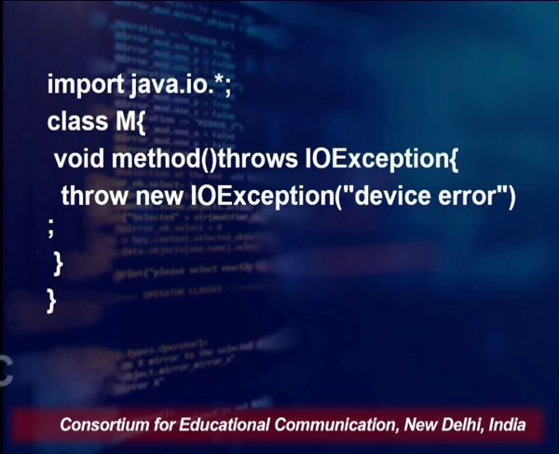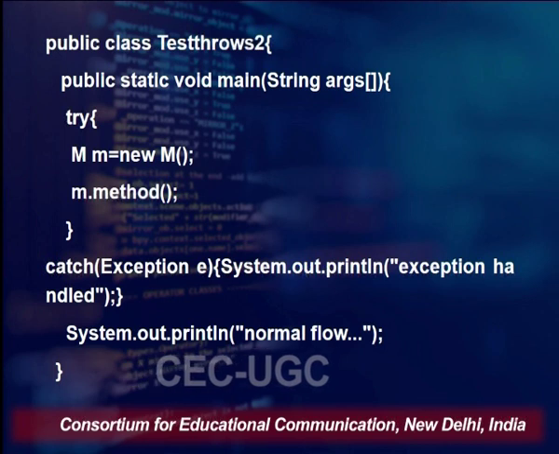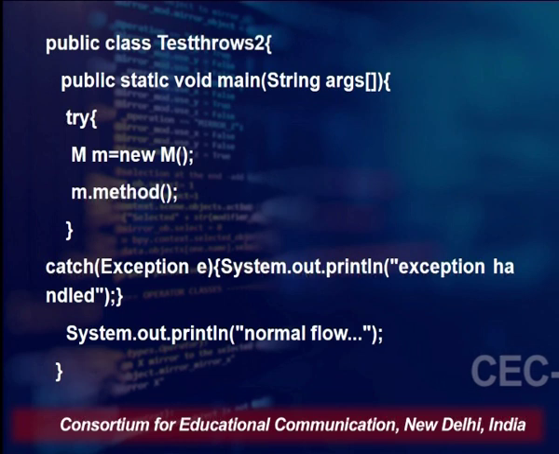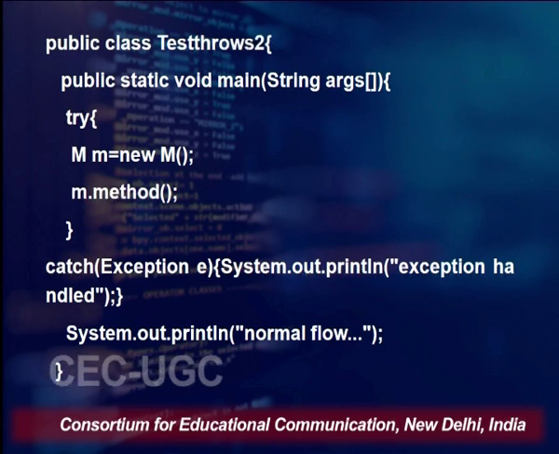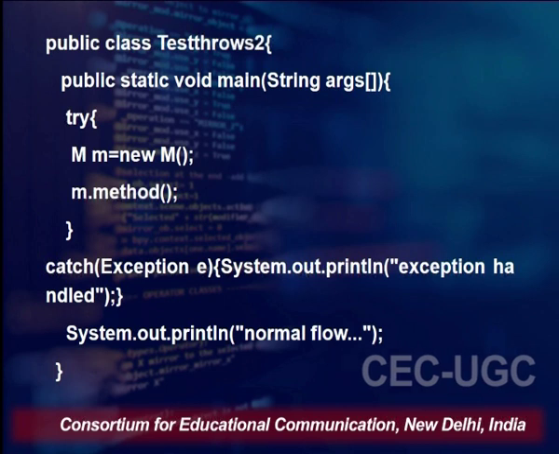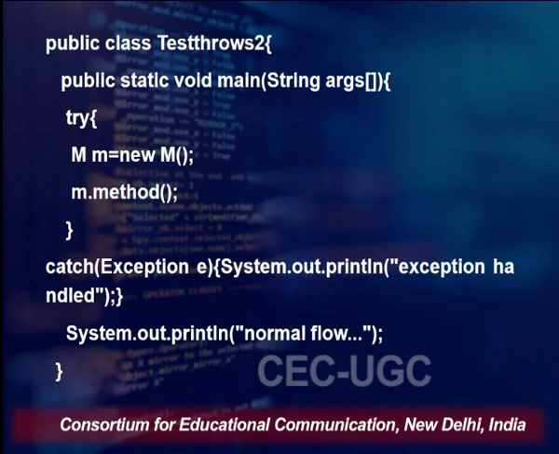When we call this method with the help of an object of this class capital M, within another public class we have our driver code where we have written the main method, and within the try block, with the help of an object variable named small m, we have called this method.